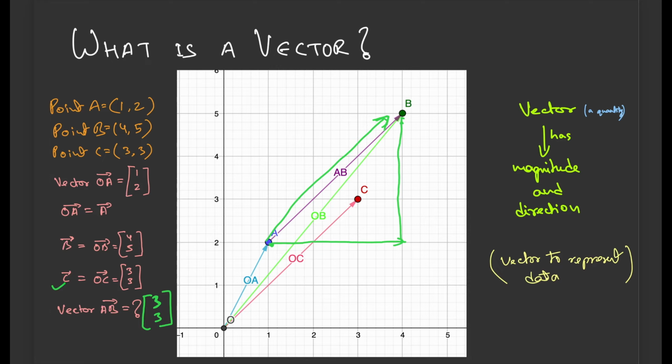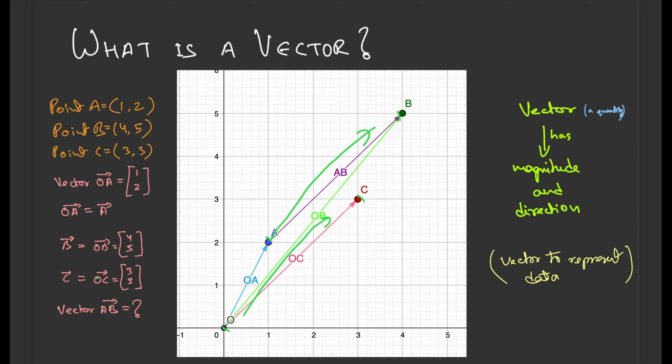The same as vector C. So vector C and vector AB have the same value. And why is that? It's because if you see the direction of vector AB and direction of vector OC are same, so they are parallel. And also the length of vector AB and length of vector OC are same.